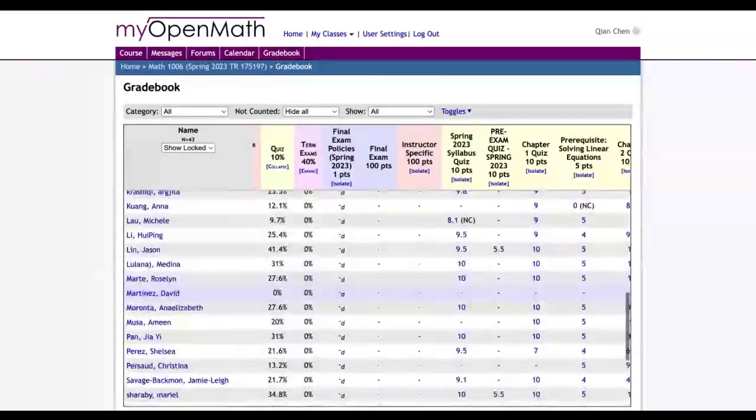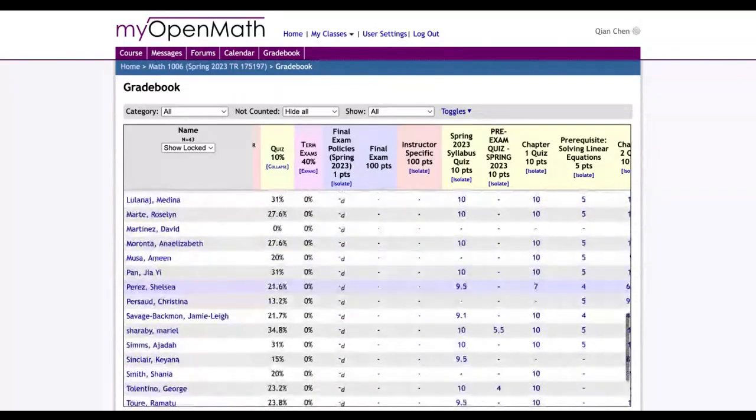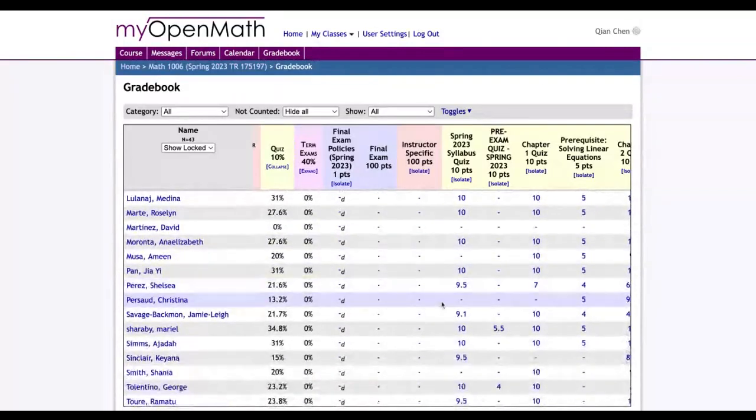Here, so you see pre-exam quiz sprint. That's this one, 5.5, right? Yeah, I think so. So you should get 10. You were not able to get 10.